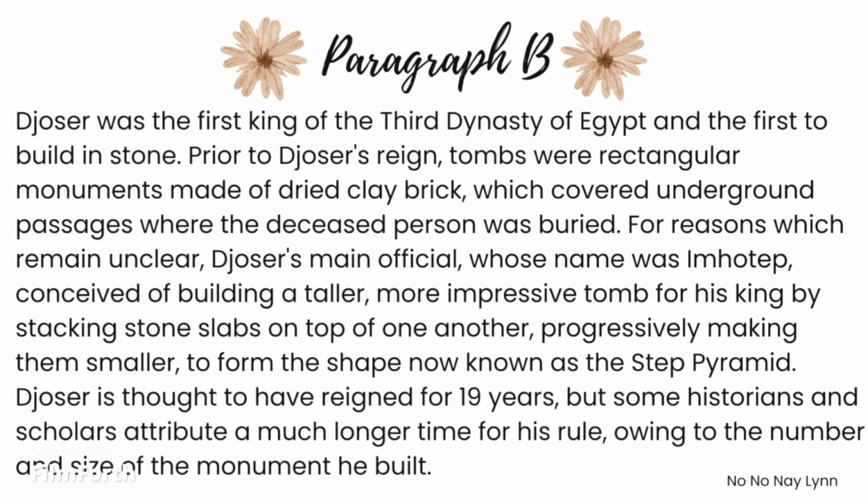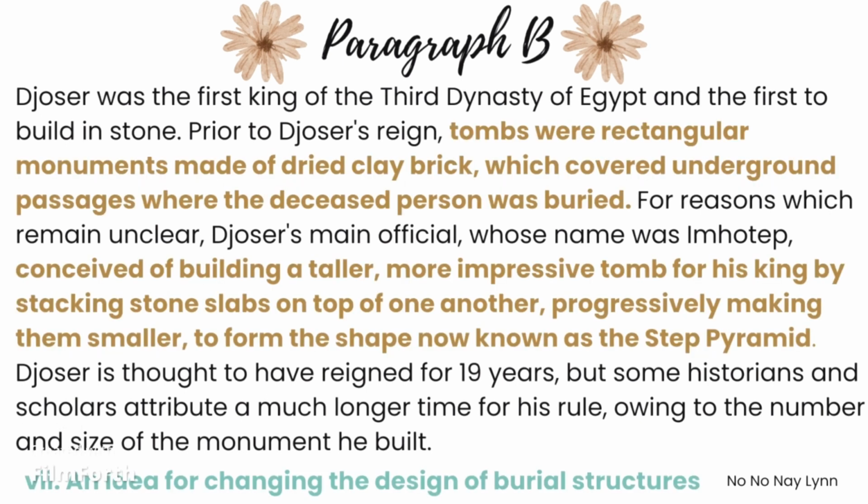So I hope this will give you a general idea. So let's take a look at the explained part with different colors to see clearly. Okay, so it says tombs are rectangular monuments made of dry clay brick, which covered underground passages where the deceased person was buried. Okay. This one is the introduction.